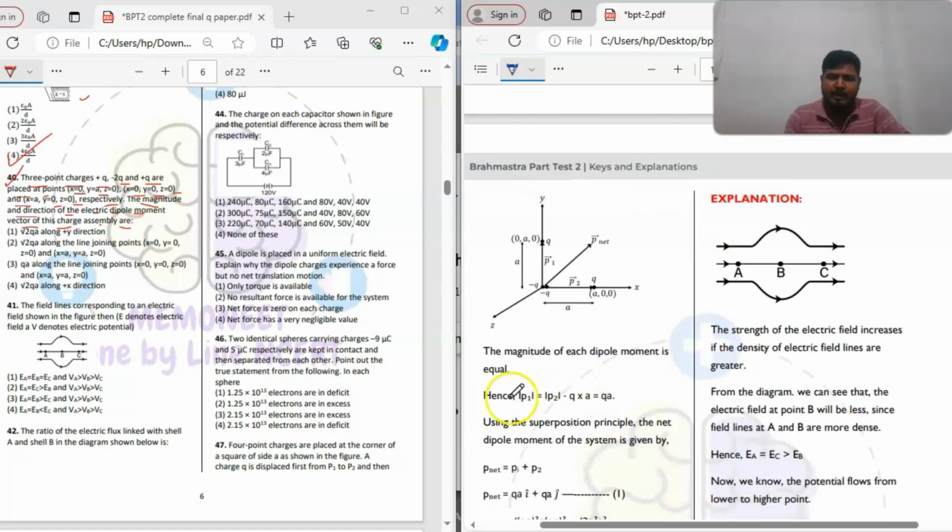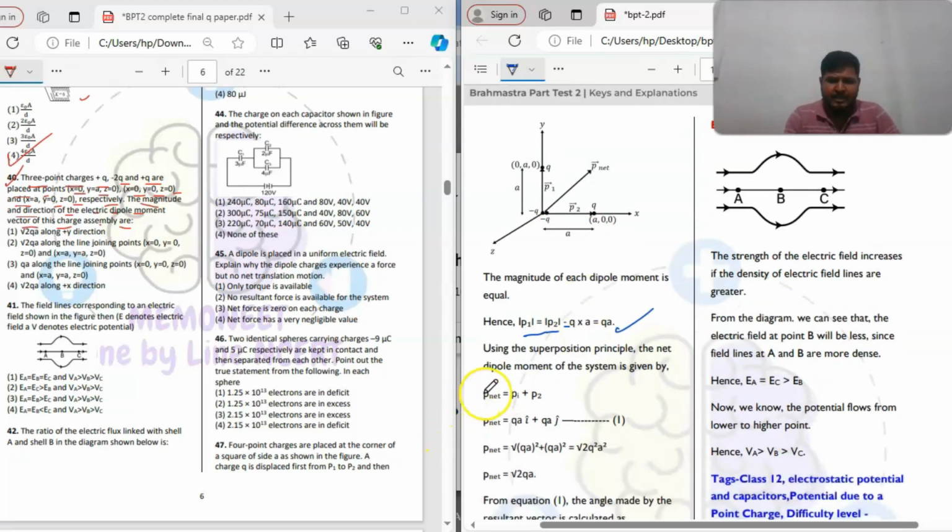P1 and P2 have the same magnitude, because the distance is the same, so P1 and P2 are equal to Q into A, that is QA. Now what is P net? P net is P1 plus P2, that is QA i cap plus QA j cap, because P1 is along the x-axis and P2 is along the y-axis. That's why this is i cap and j cap.